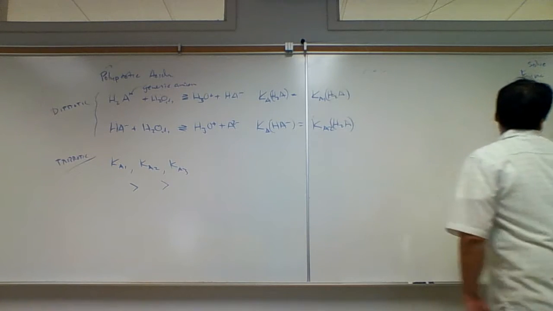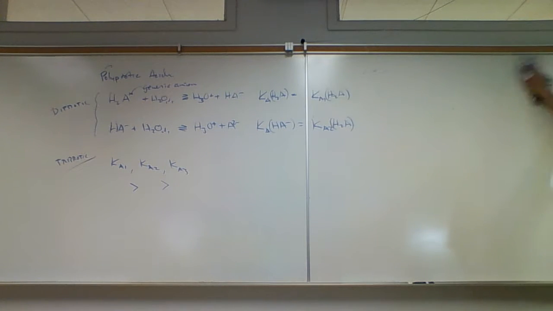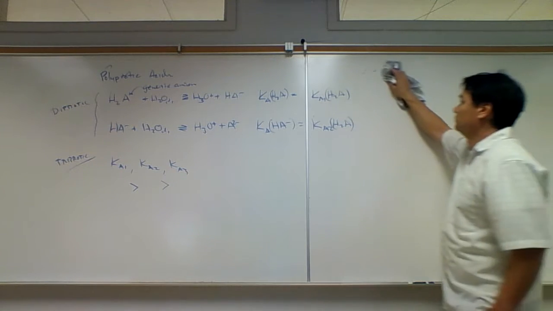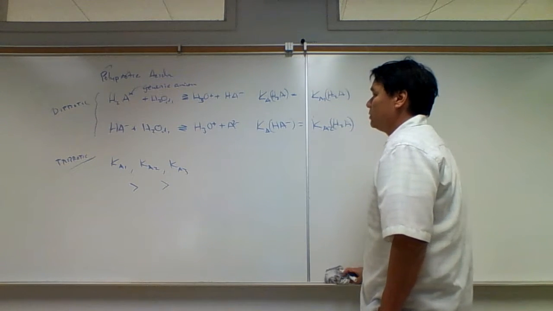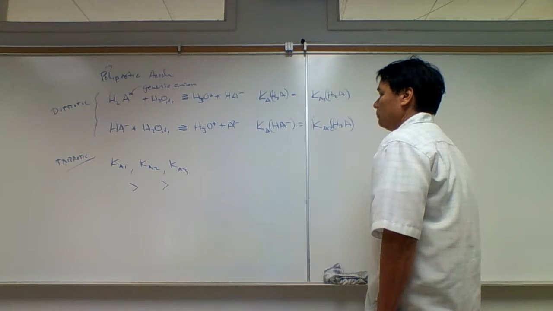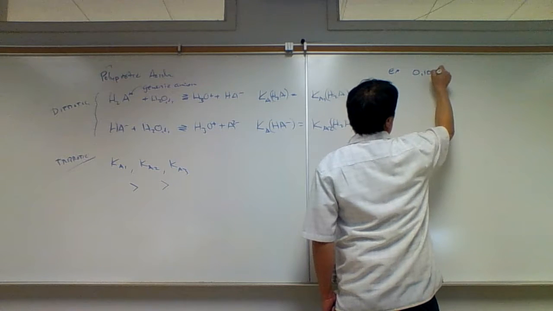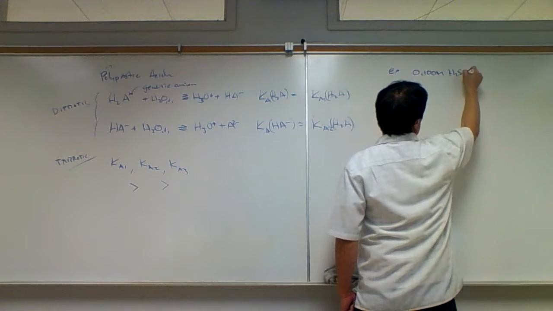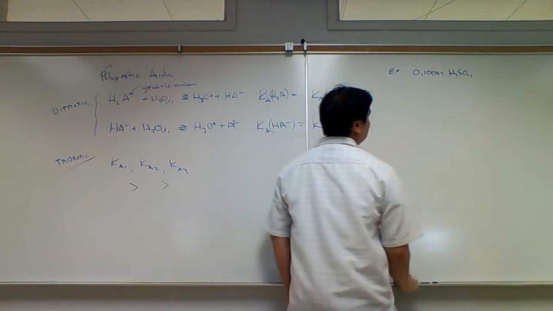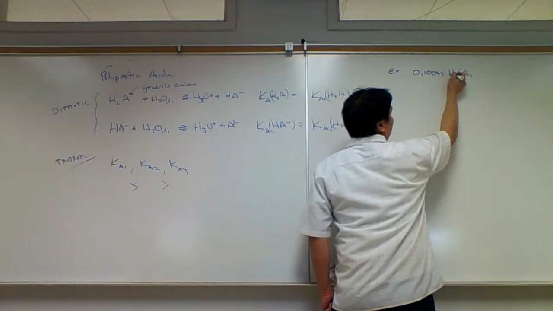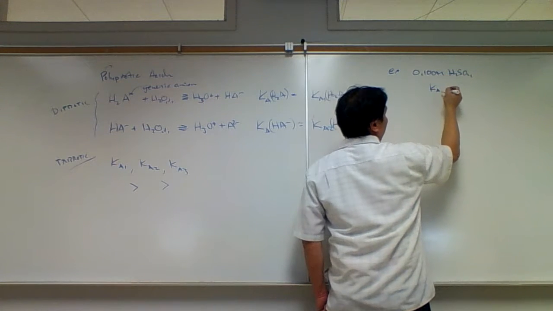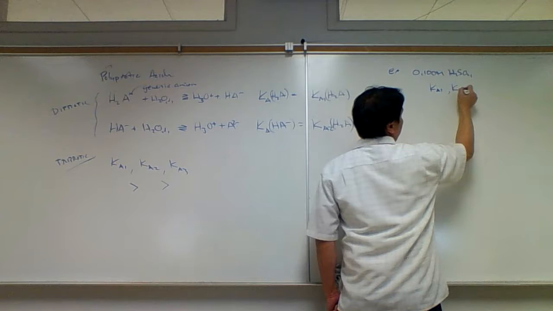And so let's take a look at the example here. We're going to do two pretty quick. We'll do 0.100 molar H2SO4. And so we have what equilibrium happening? We have Ka1, we have Ka2.